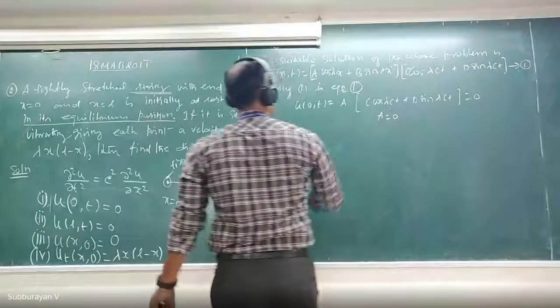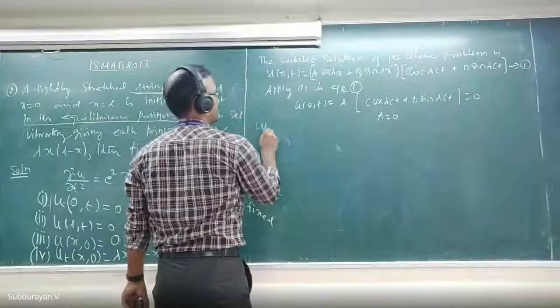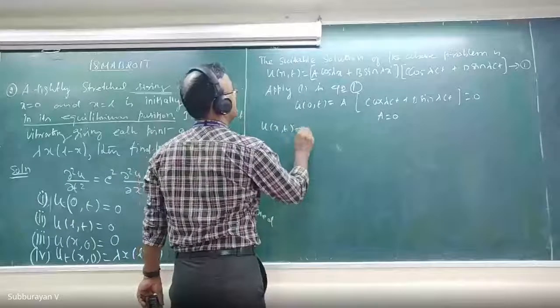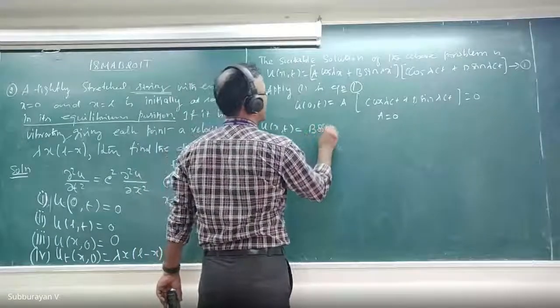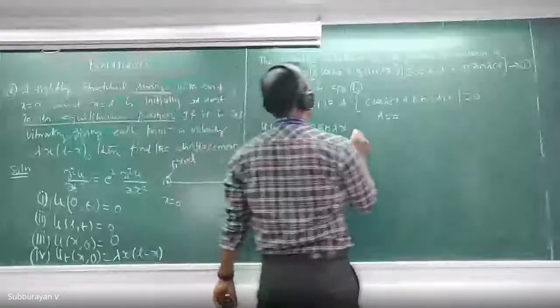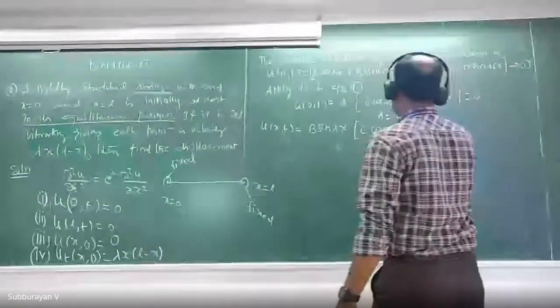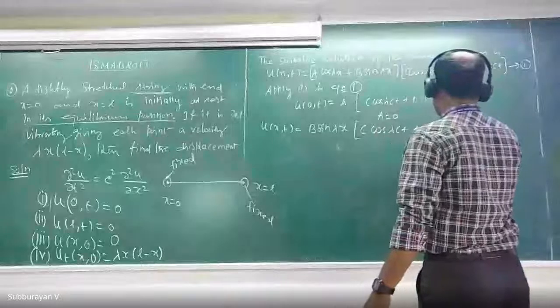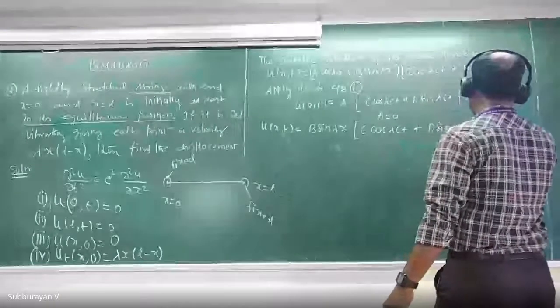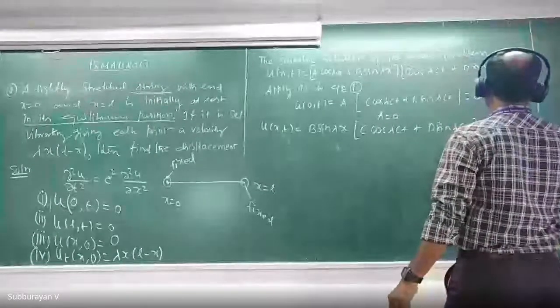If a equal to 0, then equation 1 reduces to u of x comma t equal to b sin lambda x into c cos lambda ct plus d sin lambda ct. Now I call this equation number 2.